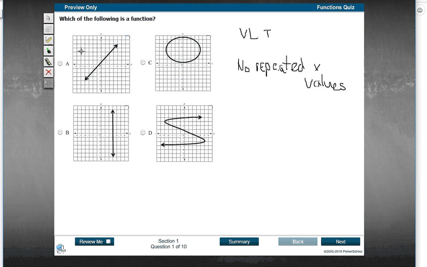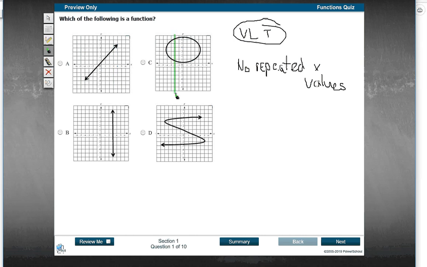All right. For this one, it's a lot simpler if we just use the vertical line test, since we have no exact points, we just have different graphs. If you use the highlighter, or the straight edge tool, or just your common sense, you'd be able to see that I should be able to draw a straight line at any point on the graph, and it should only hit once.